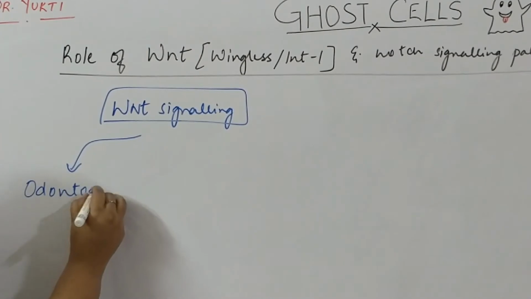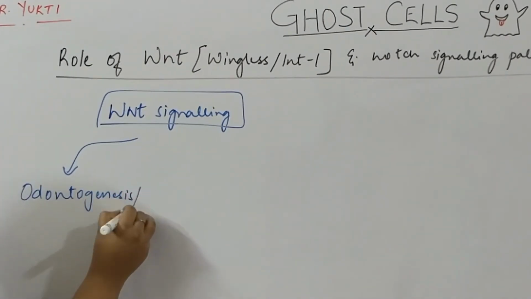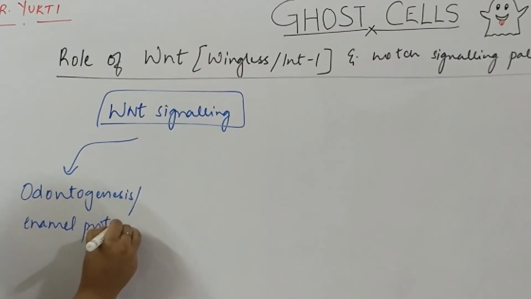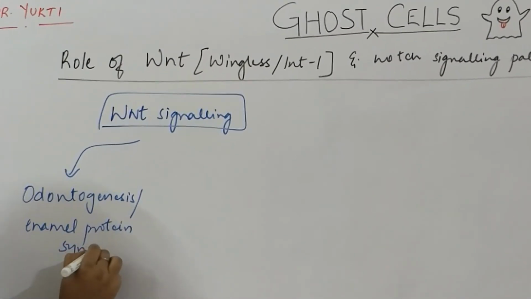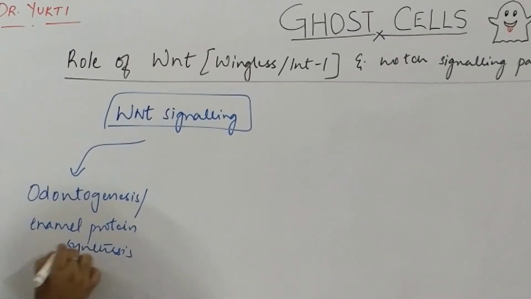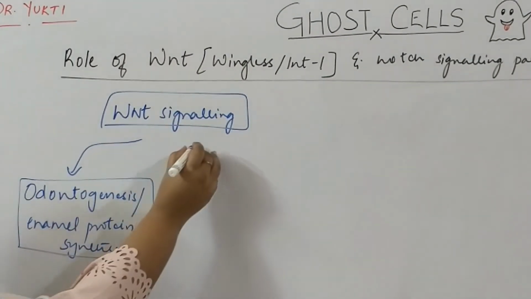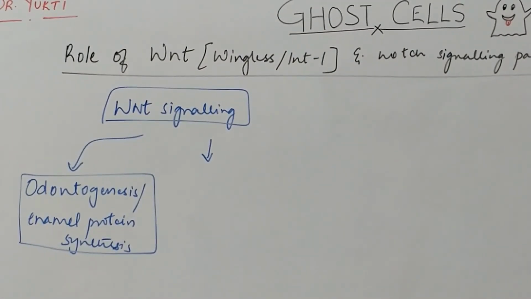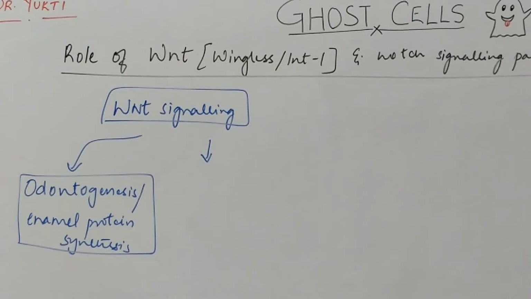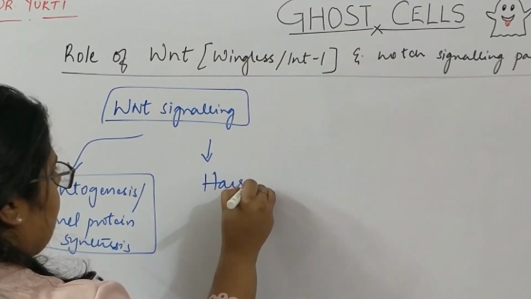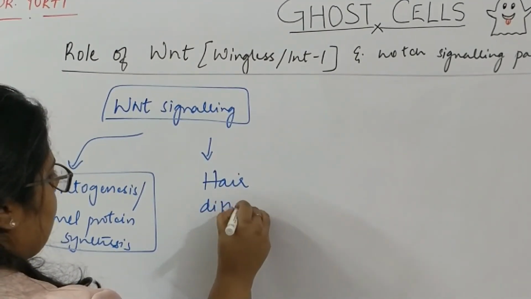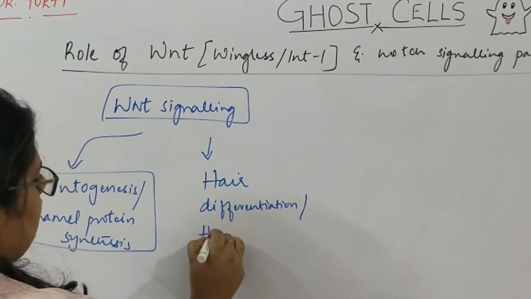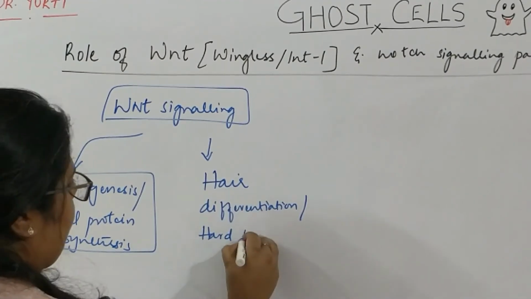It is an important signaling pathway involved in tooth development and enamel protein formation or synthesis, which is again a part of odontogenesis. Next, it is also important in hair follicles, where it helps in hair differentiation or hard keratin synthesis, because hair is nothing but a hard keratin.